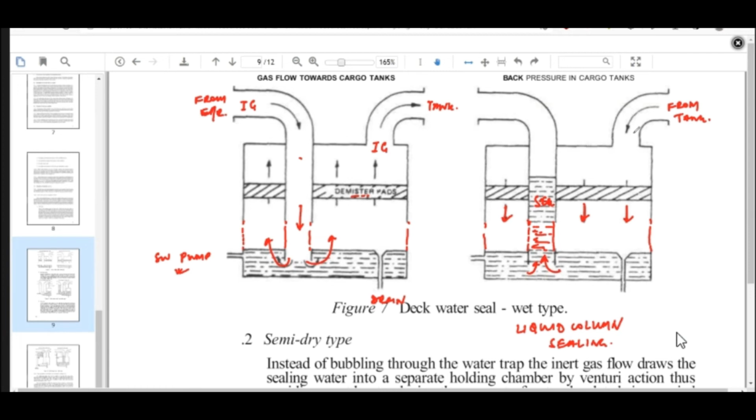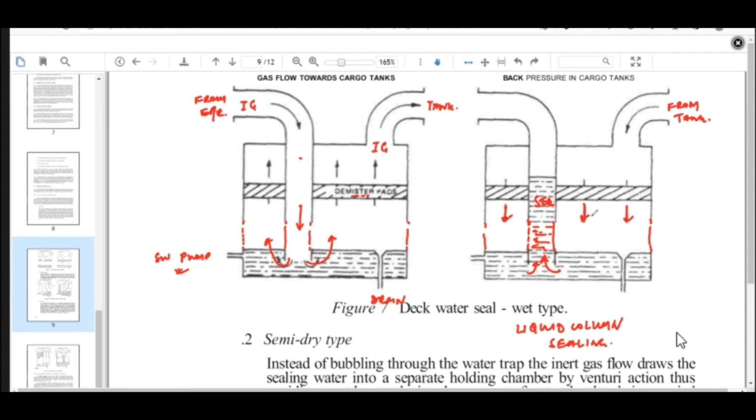This is the pressure which is coming from the tank. Now let us say the tank is having 1000 mm pressure. So that 1000 mm pressure comes from the tank when the inert gas plant is stopped. If there is leakage in the valves, in the non-return valves, and if all of these valves are leaking, then that pressure will come to the deck seal.